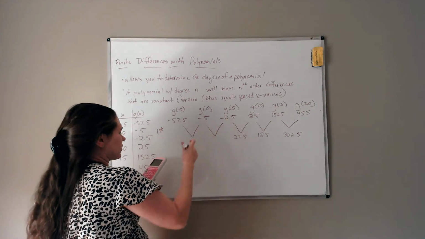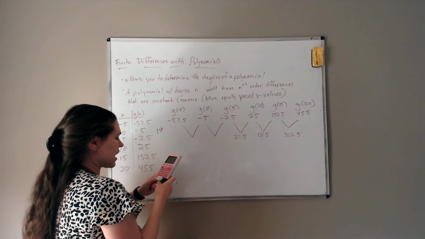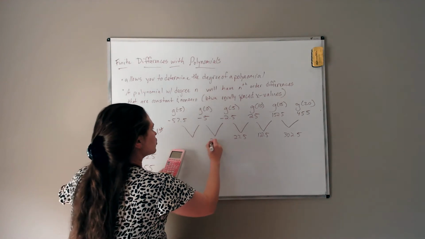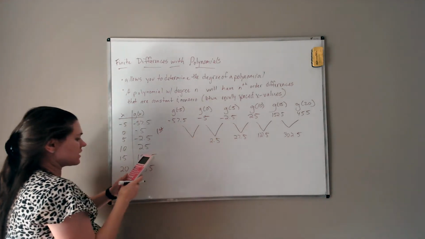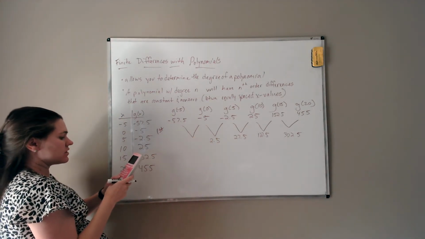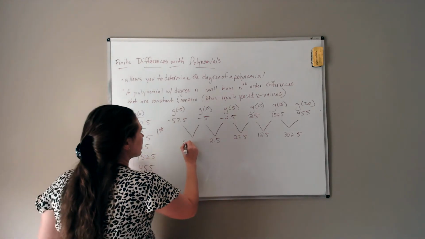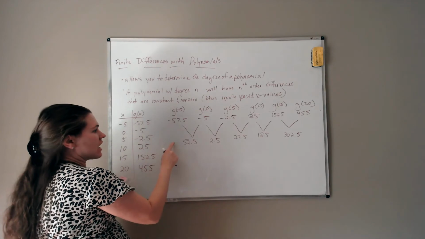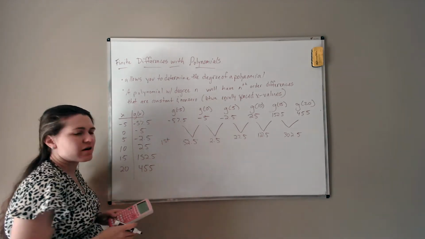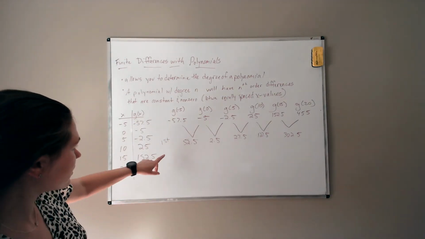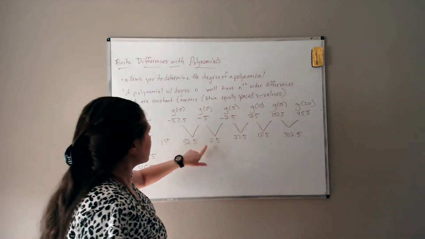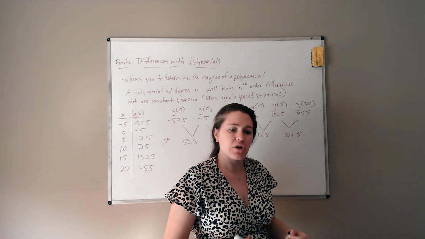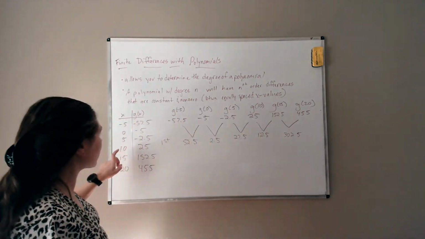Now the next difference, -2.5 minus -5 is 2.5. -5 minus -57.5 is 52.5. This line is called our first order of finite differences. Are these all the same exact value? No. So is this linear? No.